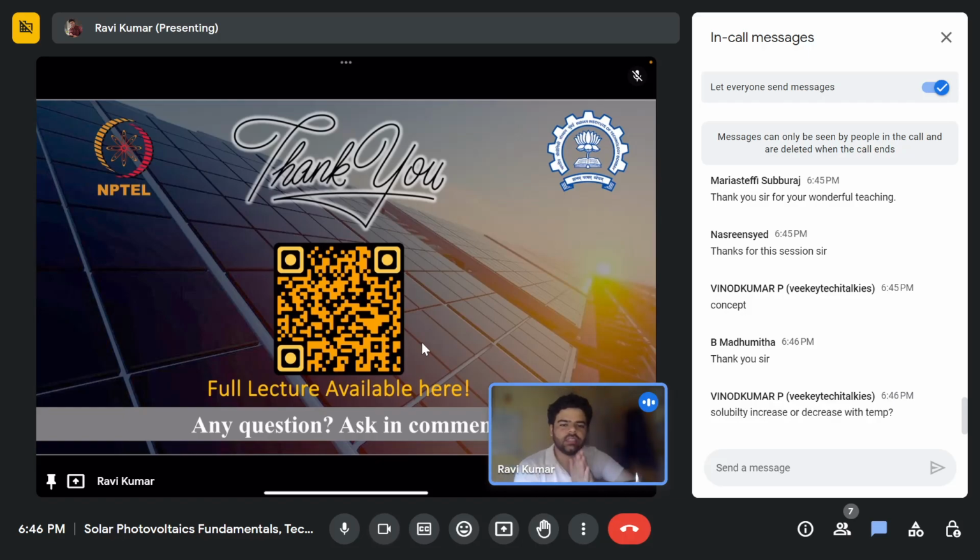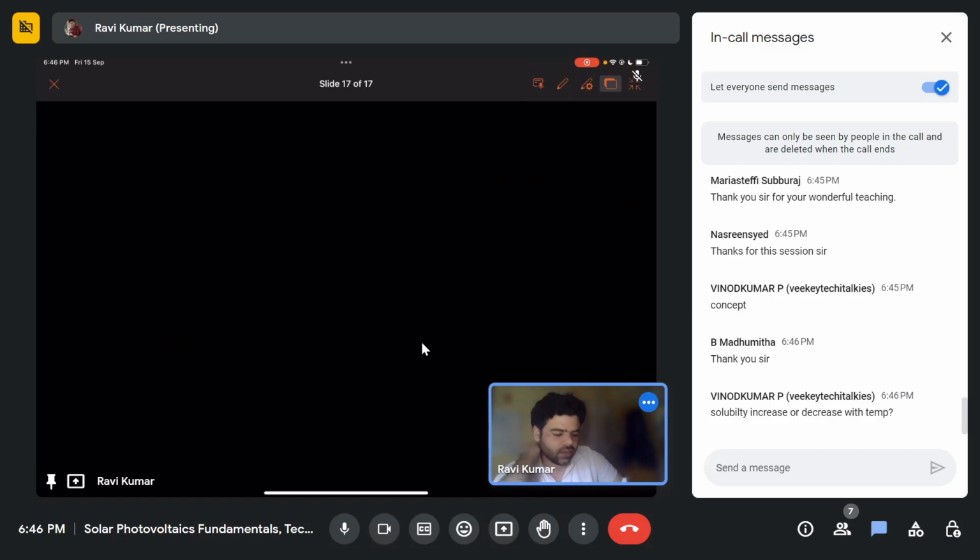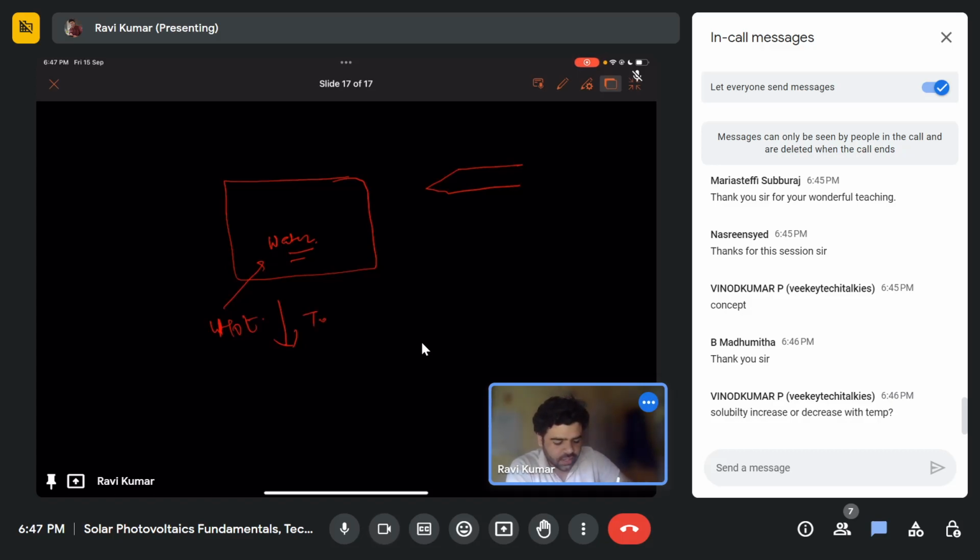It's like, if we have, let's say, water, and you have a rod like this, and this water is hot, which is being cooled, like the temperature is reducing.